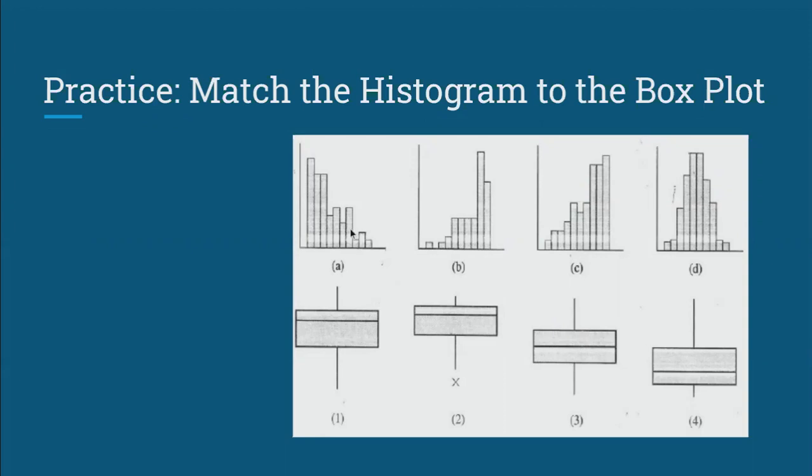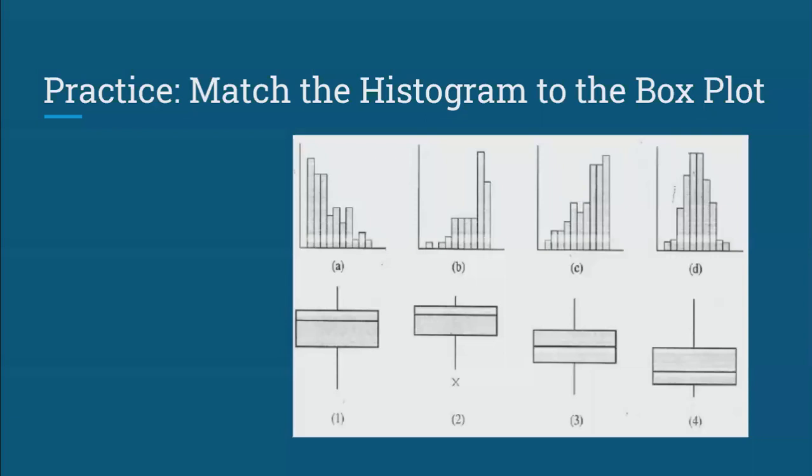So that means that when we look for the matching histogram, we just said that if it is right skewed, the upper or right whisker is longer than the left or lower whisker. So from that description, which is the mate of histogram A? 1, 2, 3, or 4?